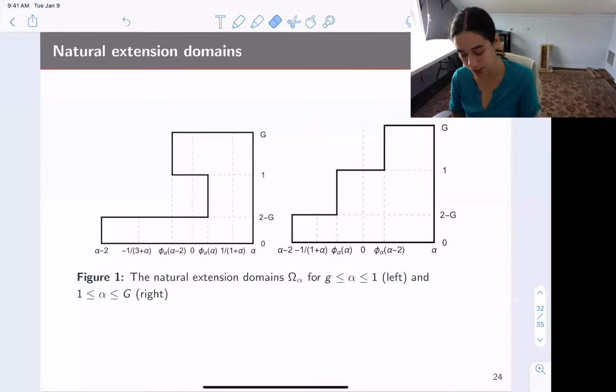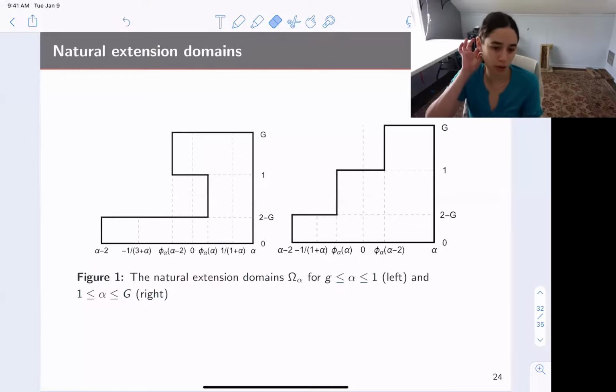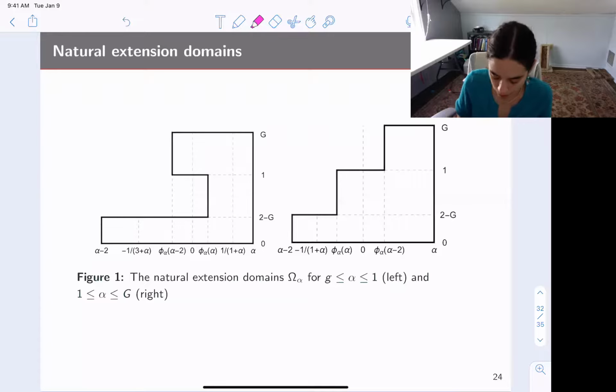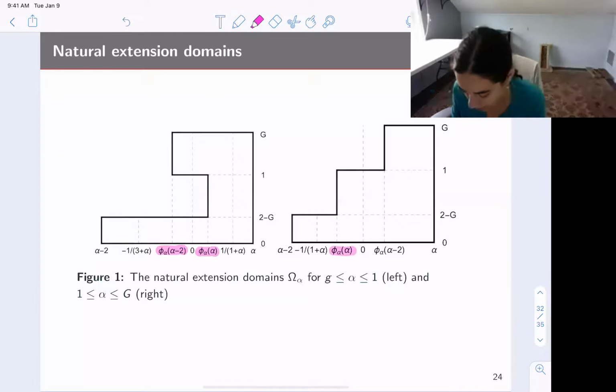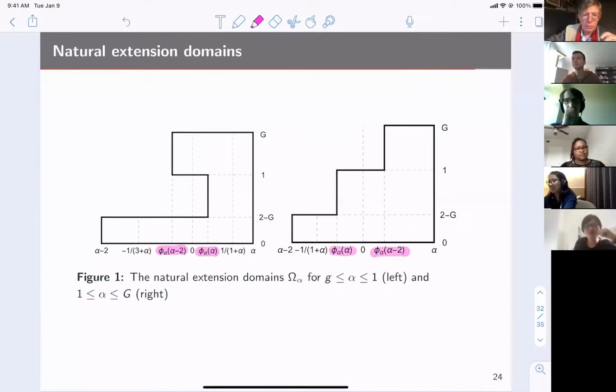But in the two cases I've defined so far, we actually do know what's going on. So you end up having phi of alpha minus 2 and phi of alpha being the endpoints of the top two rectangles. And so it matters which one is greater or less than the other one.